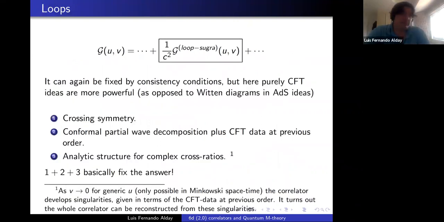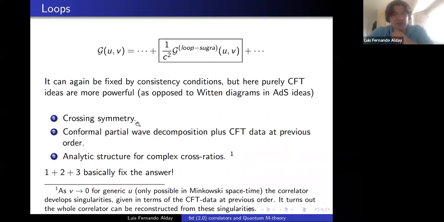So the next one are loops. Sorry, I will go quickly, but ask me questions if you have any. It turns out that this can again be fixed by consistency conditions, but here purely conformal field theory ideas, as opposed to Witten diagrams in AdS kind of ideas, seem to be more powerful.